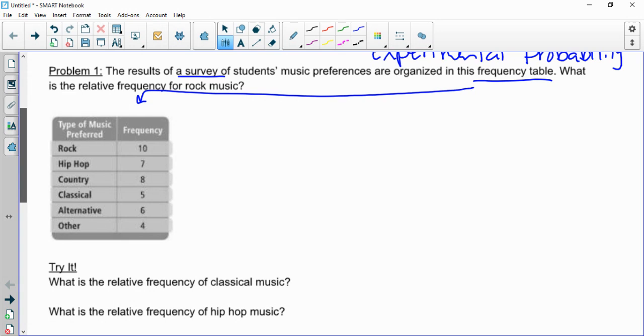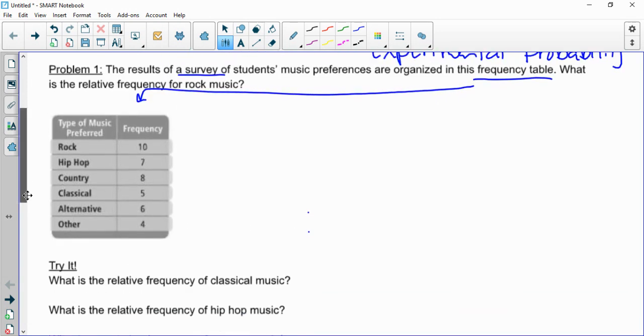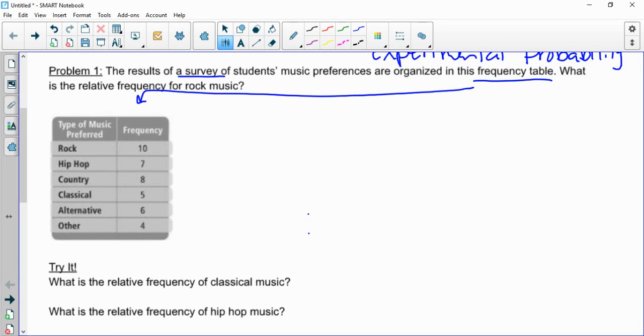The survey is broken down by category. 10 people said they liked rock music the best, 7 said hip hop, 8 said country, 5 said classical, and 4 said other. Each of these numbers is the total for how many people like this the best.